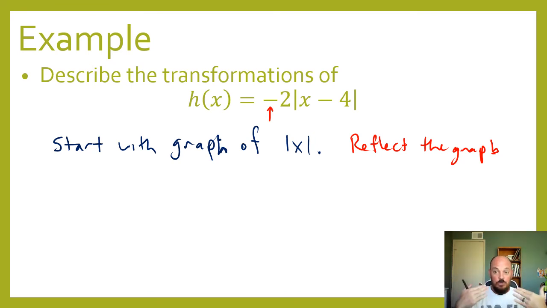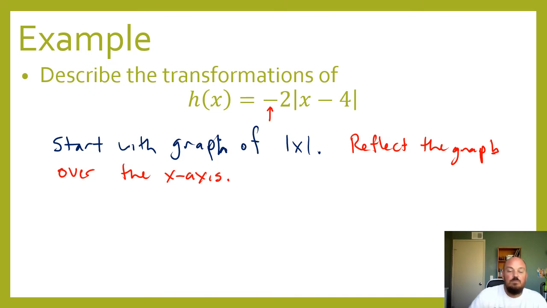You can say vertically, you can say up and down, you can say over the x-axis. That's another good way to do it. In fact, I think that's how I'm going to say it. I'm going to say reflect the graph over the x-axis or across the x-axis. That's basically saying the x-axis is going to be the mirror, and you're going to flip anything from the top to the bottom and anything from the bottom to the top.